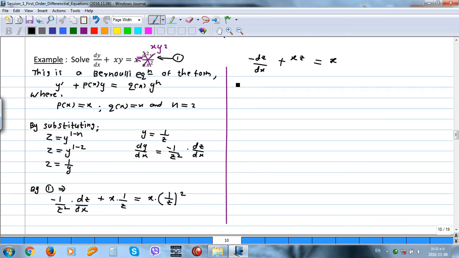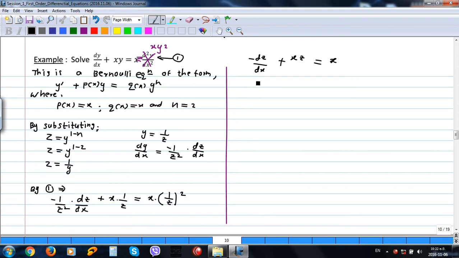And I'm multiplying by minus 1 again: dz over dx minus xz equals minus x. This is the second equation.